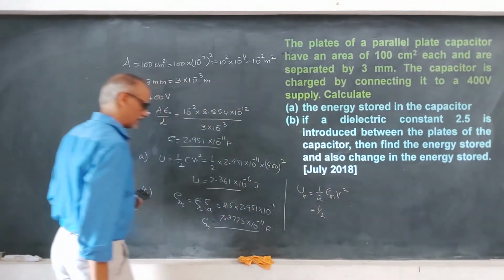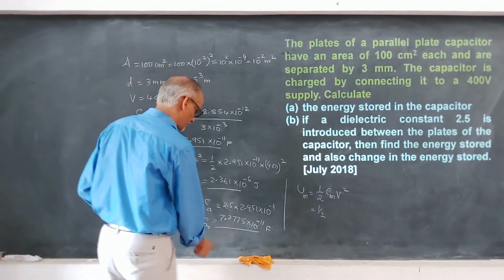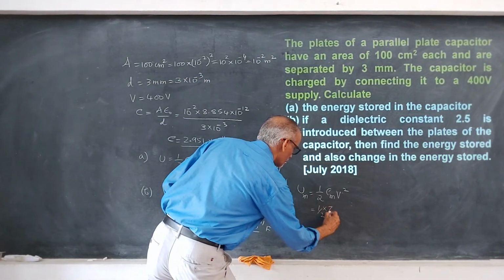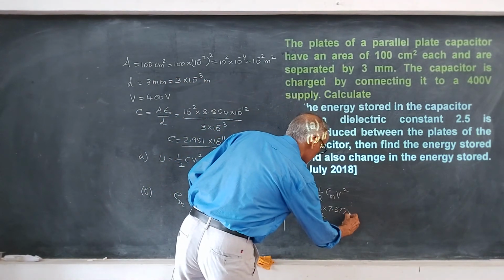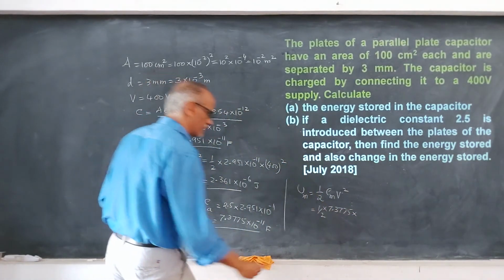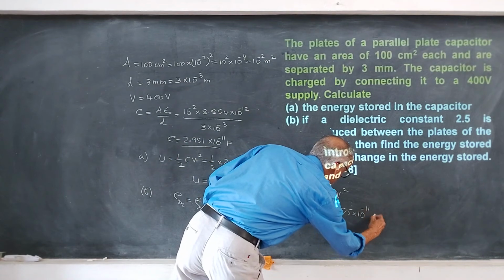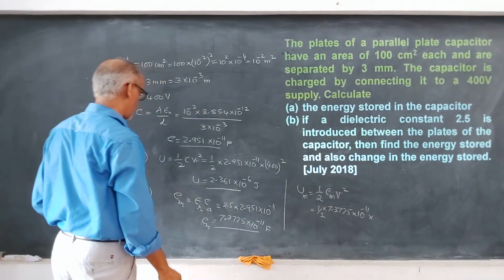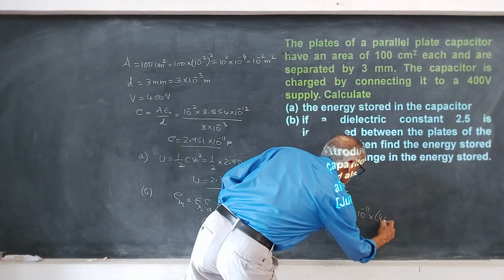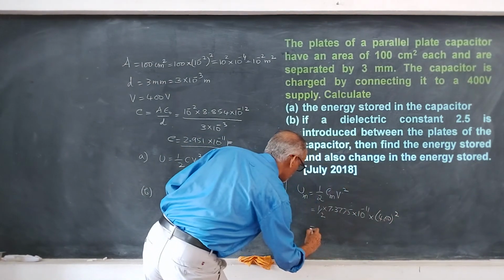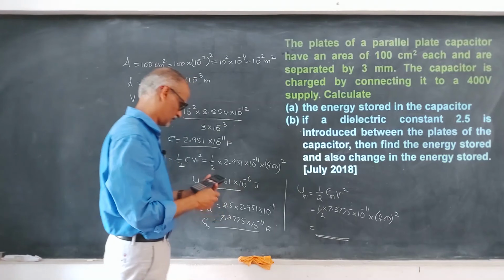Half into, what is the value of Cm? Cm is here 7.3775 into 10 to the power minus 11. That is the new value of Cm, okay, and then the value of V, which is 400 square. So, what is the new value of the energy?